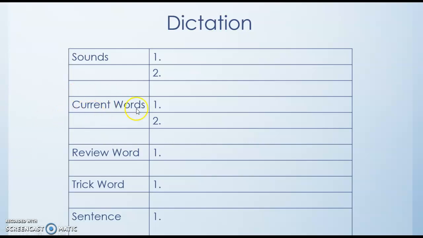All right, now in current words, number 1 is until. Until. And number 2 is dentist. Dentist.